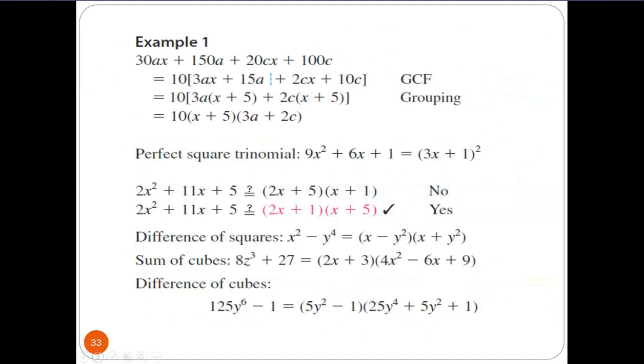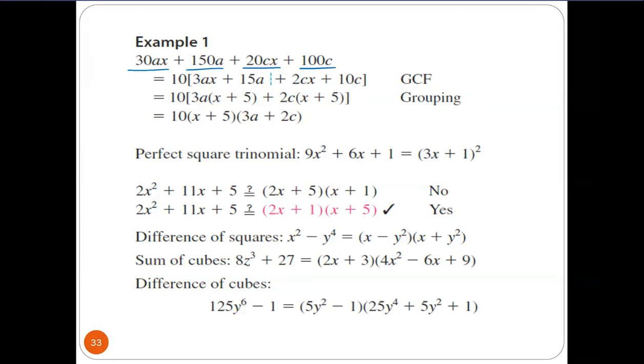Look at these examples. The first one, if we have four terms, firstly we must find the greatest common factor if it exists. Always if it exists we take it. We cannot take a from all terms, we cannot take x from all terms, we cannot take c from all terms.